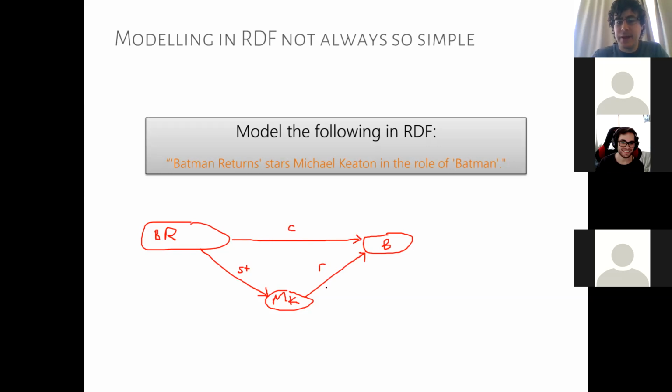Okay, so this is pretty straightforward and pretty direct. There's nothing so complicated here. Can anyone see any possible downside of modeling like this?